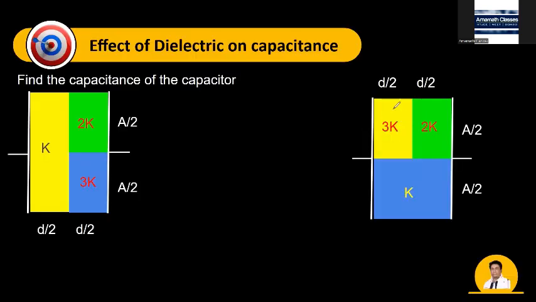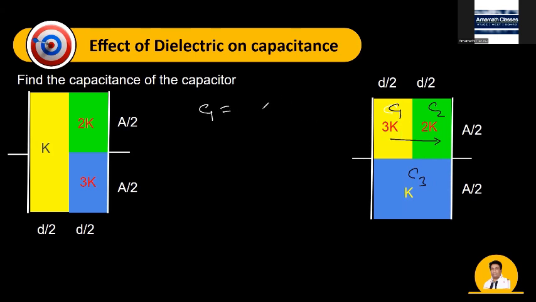So in this question, I can directly say that, say this is C1 and this is C2. So they will be in series. But whatever the result, it will be in parallel with C3. So C1 and C2 are in series.